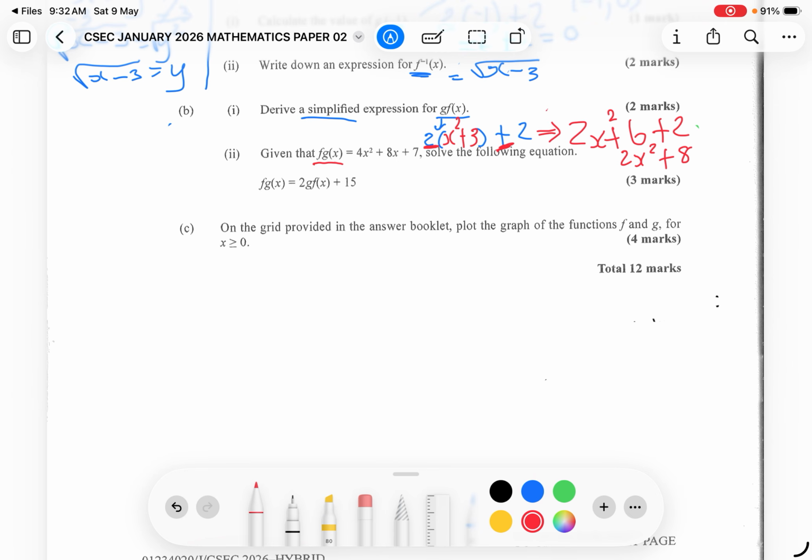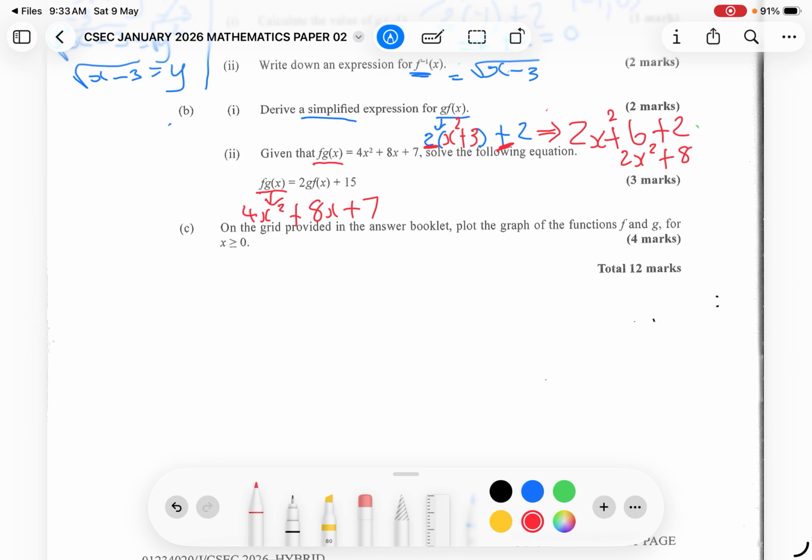So how is this different from what's here? One statement says f of g of x is equal to 2x squared plus 8x plus 7. The said function f of g of x has another expression of 2 times g of f of x plus 15. I know from the beginning that f of g of x is 4x squared plus 8x plus 7.